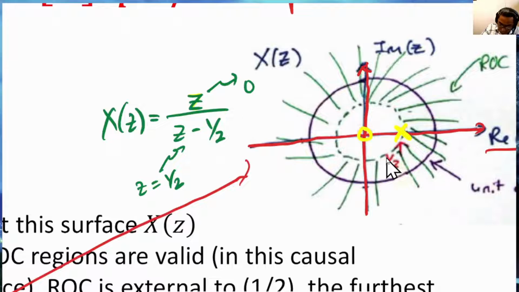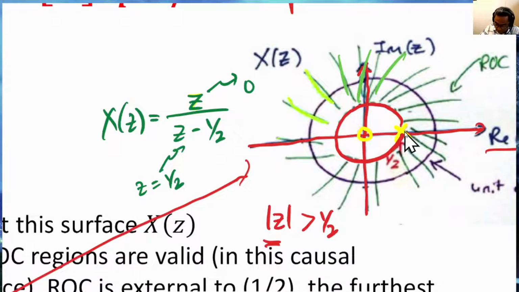We also want to show where the region of convergence is. Later on you'll figure out that the region of convergence in this example is absolute value of z must be greater than half. So we draw a circle with radius half. In fact, you will touch that pole exactly. It says that absolute value of z is greater than half. So where are they? They are at all these green lines over here.